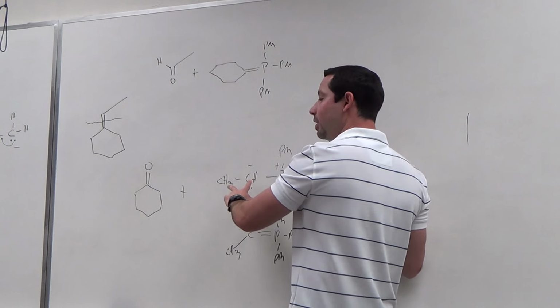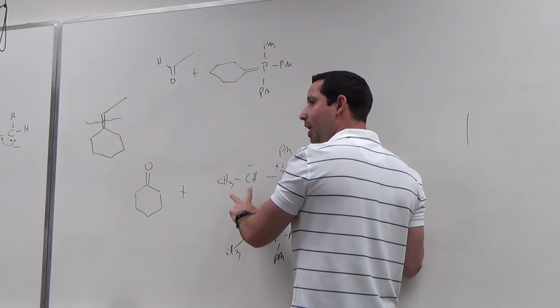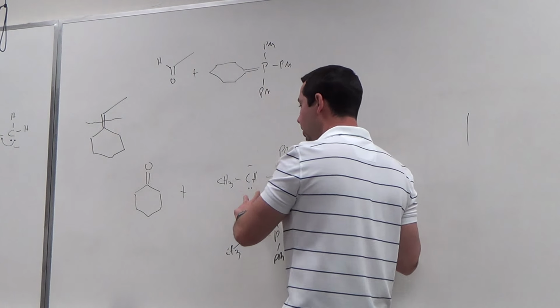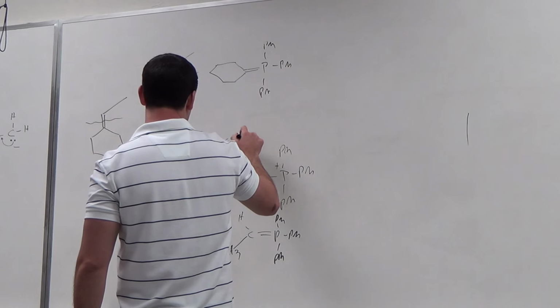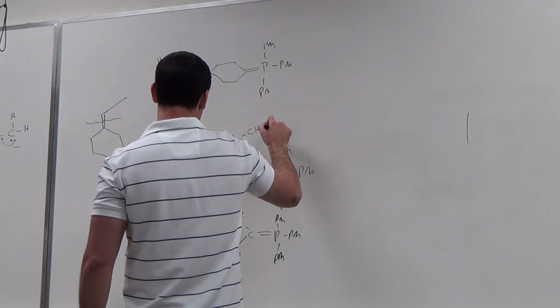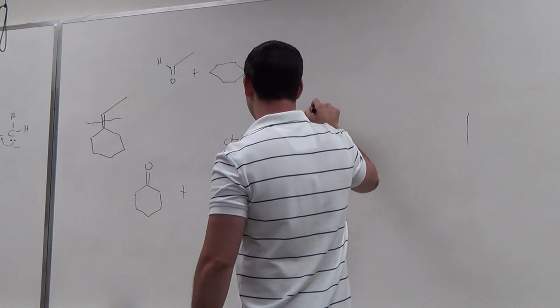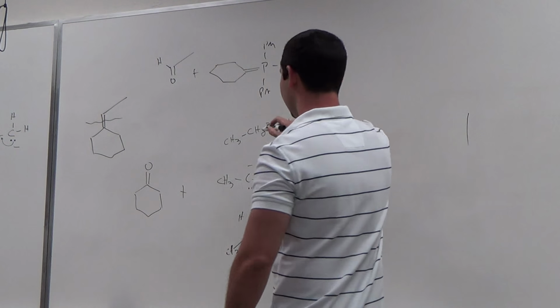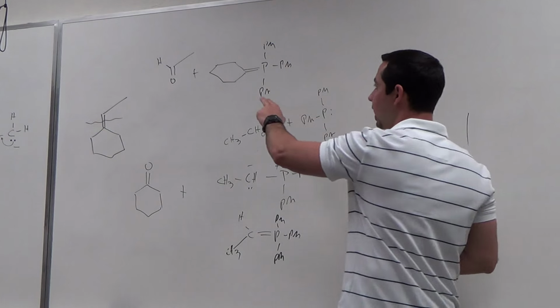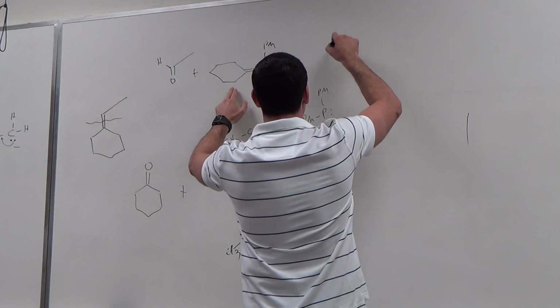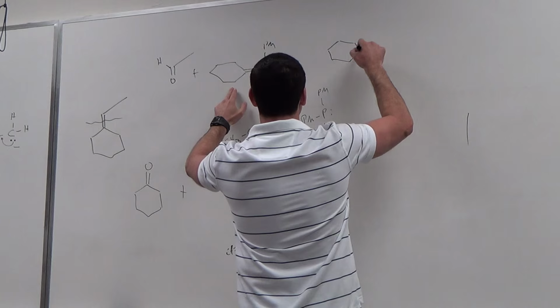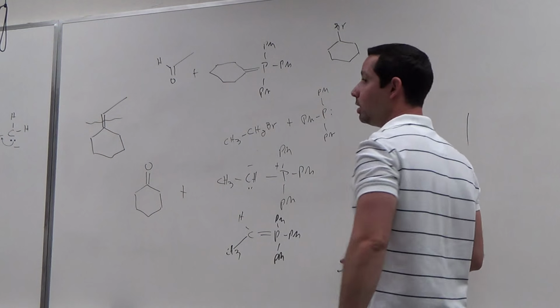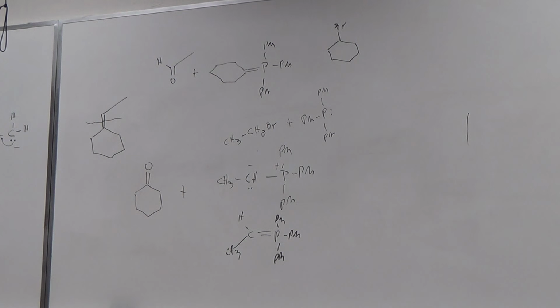This came from a primary alkyl halide, this came from this alkyl halide, and from that alkyl halide. While this came from what alkyl halide? This came from this secondary alkyl halide. You want to choose one that is primary. Tertiary does not work at all.